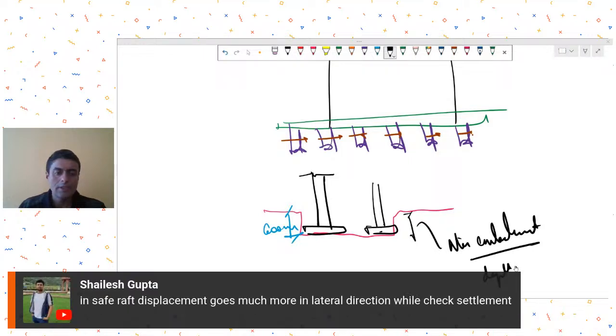Mr. Shailesh is saying in SAFE, raft displacement goes much more in the lateral direction. So you just assign translational supports to your raft at four corners, let's say, and it is justified because your raft is not going to translate anyway. Your loads are so high in dead load that the friction is sufficient to resist the lateral forces, so it's not going to go anywhere as such.